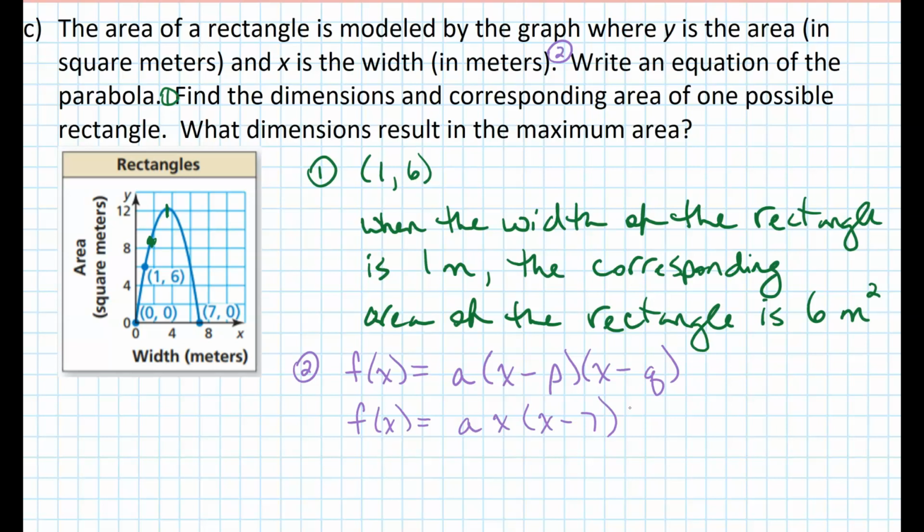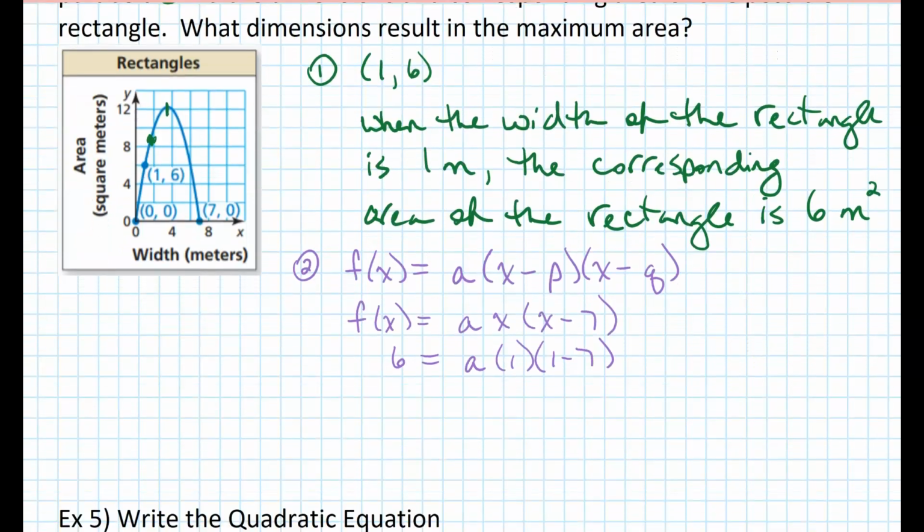Now I need to plug in a point that's not an intercept. So the nice clear one they gave to us is (1, 6). So I'll let y equal 6, a times x is 1, and then 1 minus 7. All right, so that's going to give us negative 6a is equal to 6. Sorry, 6, not a. Which means what is a equal to?